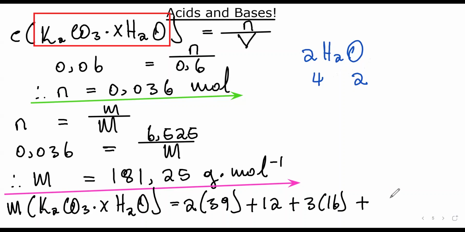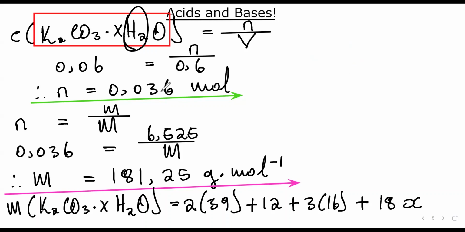You can still keep your X outside. It's perfectly fine. Then you say the molar mass of water is actually 18, or you can just say it is 18X. Because we have 2 atoms of hydrogen and 16 for oxygen, so it's going to give us 18.